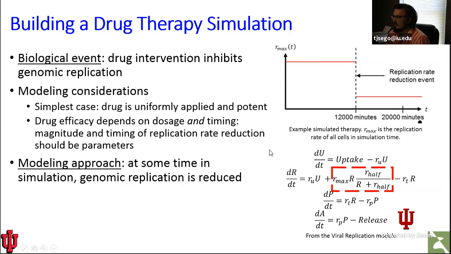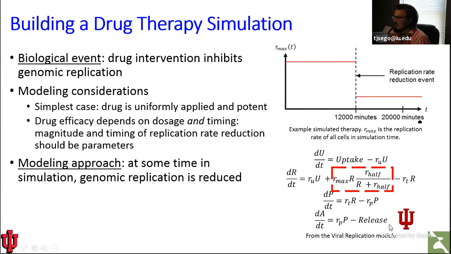Now again, if you refer to the bottom right of my screen, this is the set of ordinary differential equations that we use to model viral replication inside each epithelial cell in simulation. We have an uptake term that's passed from the viral internalization module. So this is a source term. During an internalization event, it starts the sequence of events of replication inside of a cell.